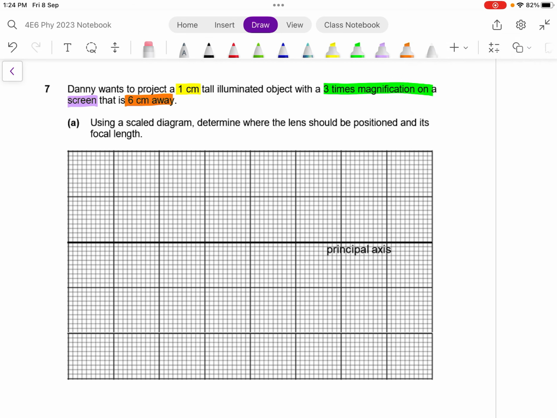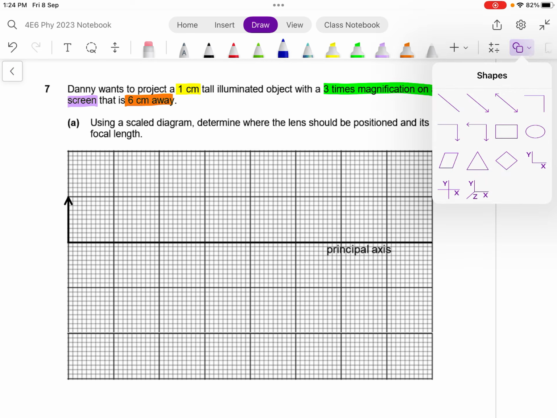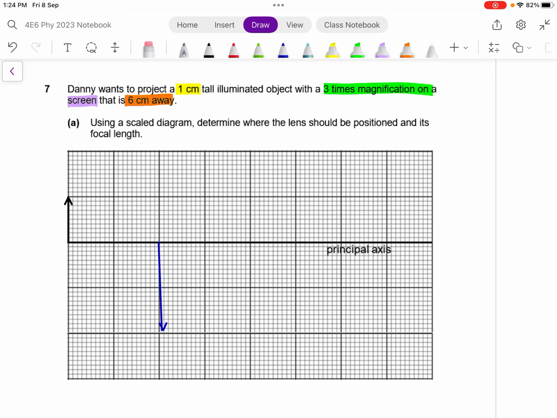1 cm tall object, okay, fine, 1 cm tall. Let's make this 1 cm. Then after that, 3 times magnification. Let's use blue. 3 times magnification means it is around this size.